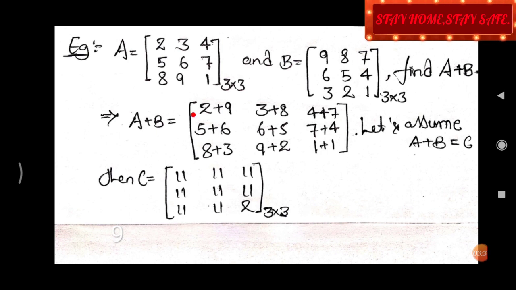And we get the sum here: 2 plus 9 is equal to 11, 3 plus 8 is equal to 11, 4 plus 7 is equal to 11, 5 plus 6 is equal to 11, 6 plus 5 is equal to 11. Similarly, we can get all these also. At the last element, we have 1 plus 1, which is equal to 2. So I think by now you are clear how addition takes place in a matrix.